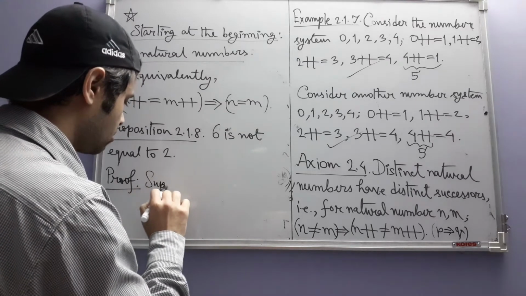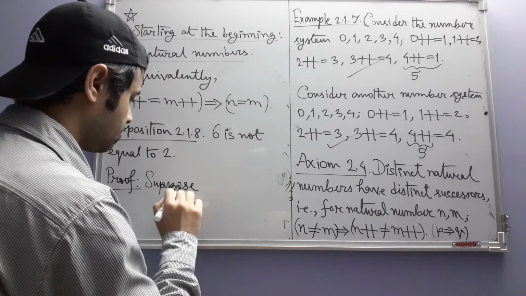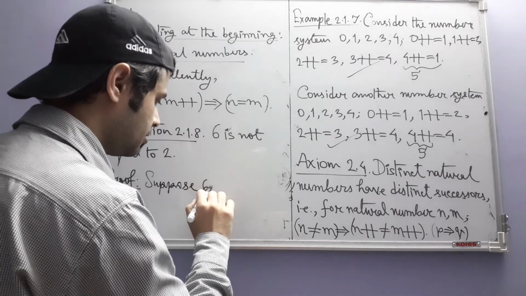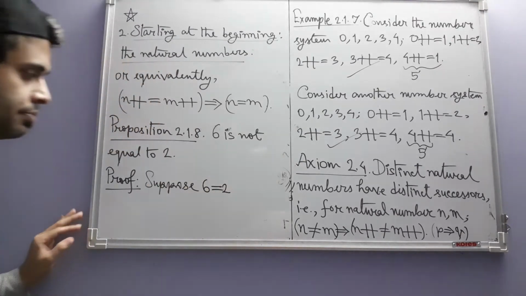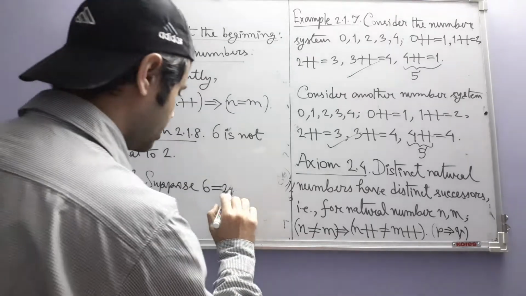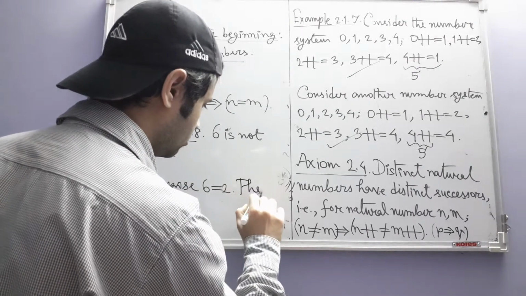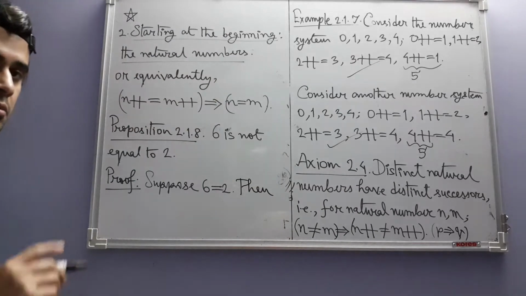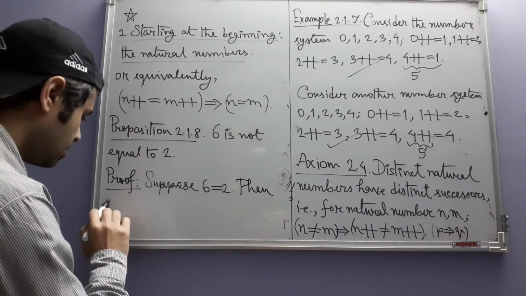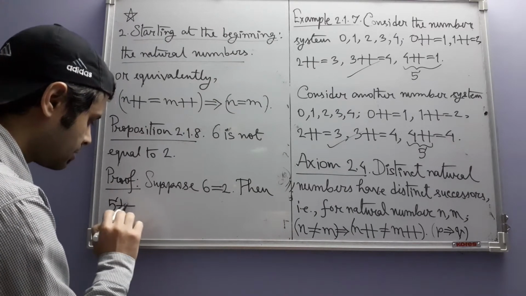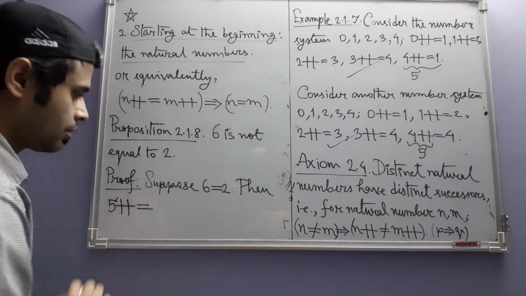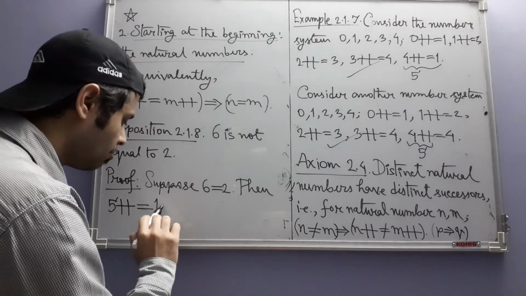Suppose 6 is equal to 2. Then, okay, what is 6? By definition, what is 6? 6 is the successor of 5 and 2 is the successor of 1.